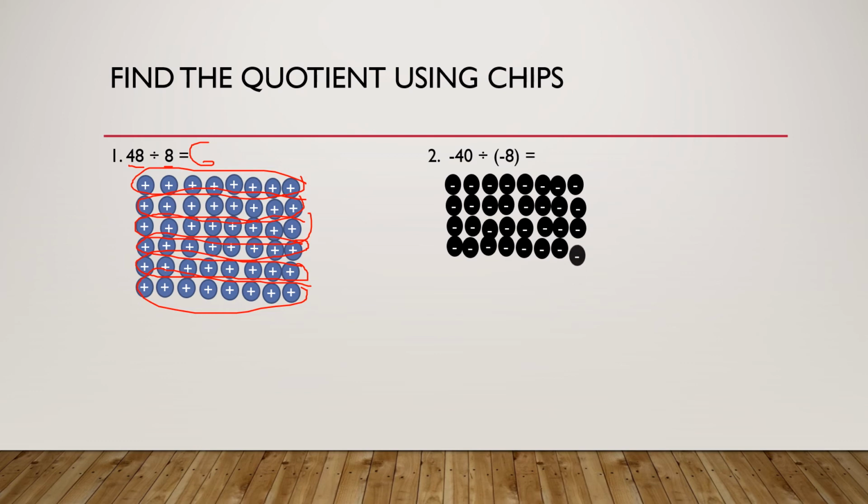So we have 40 negative chips. We will divide it also. Let us group each by 8.